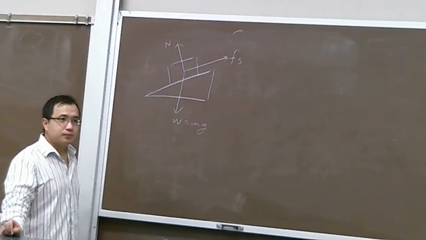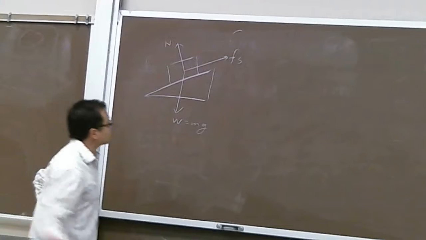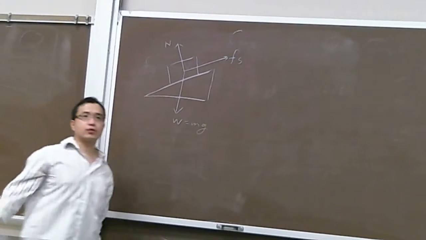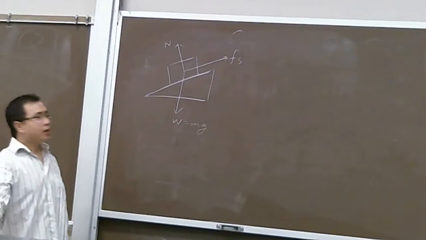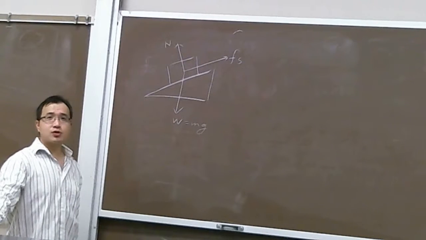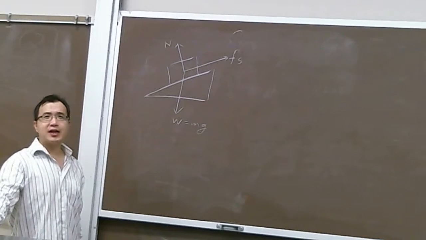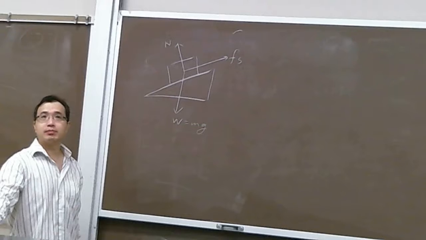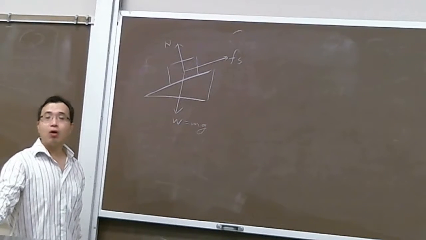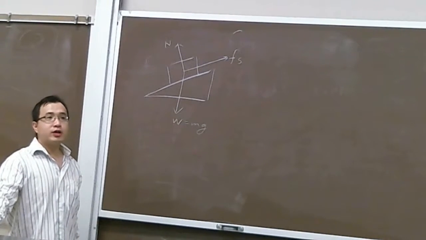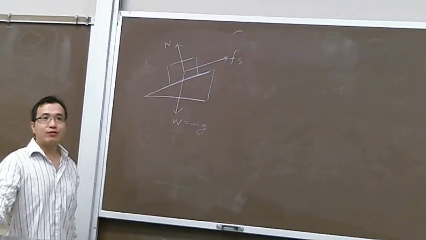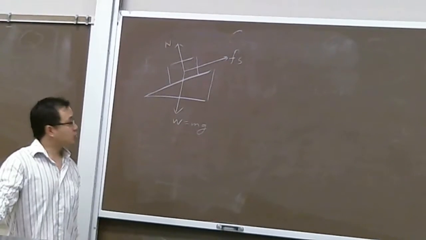Now, the key is to determine the static frictional force. But of course, we know that you cannot simply calculate the static frictional force as mu s multiplied by N, because that's the maximum possible static frictional force. To get the actual static frictional force, it's not that straightforward.